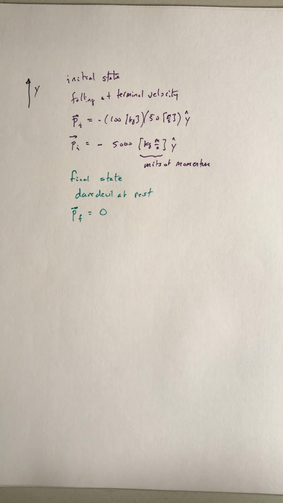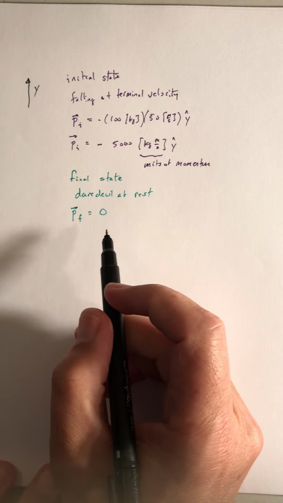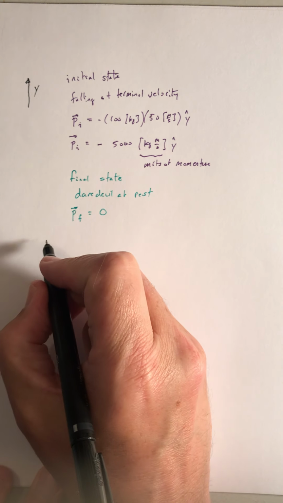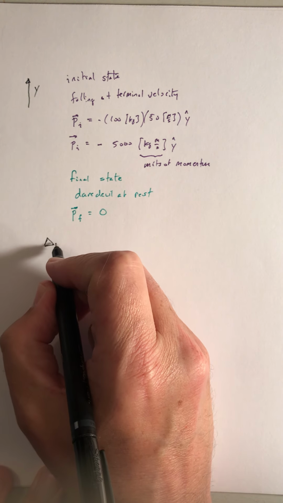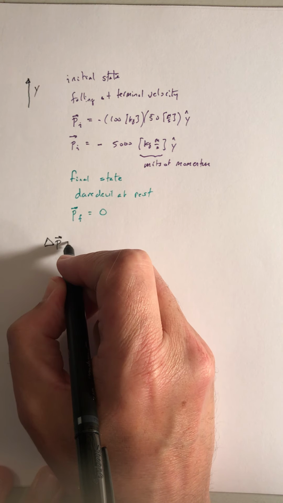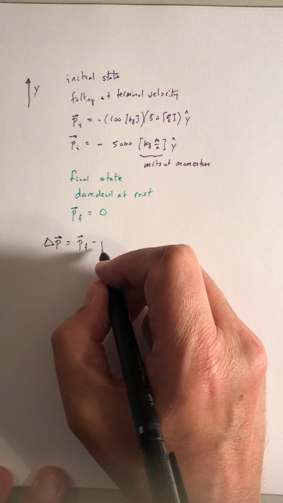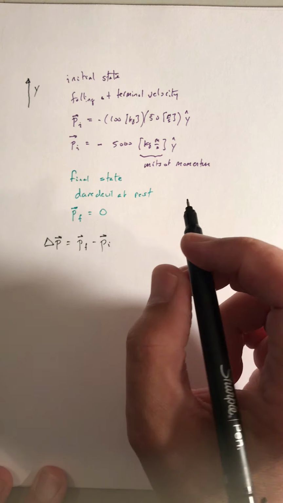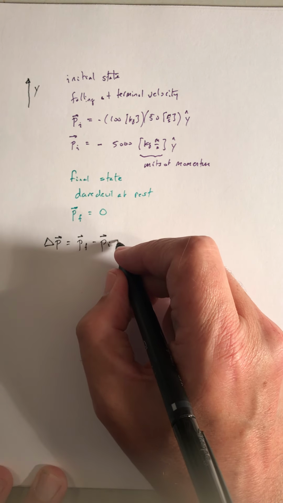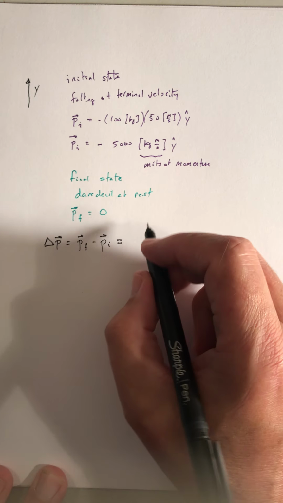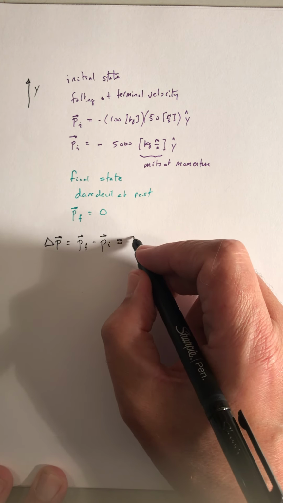So then we apply the impulse momentum theorem to find the impulse. So it would be the change in momentum, and change is always going to be the final minus the initial. So final momentum was 0.